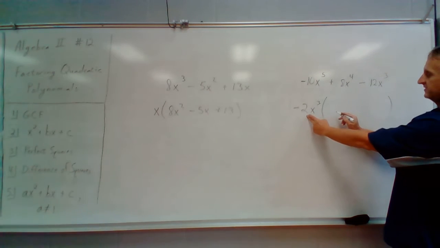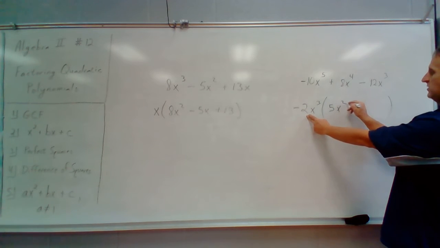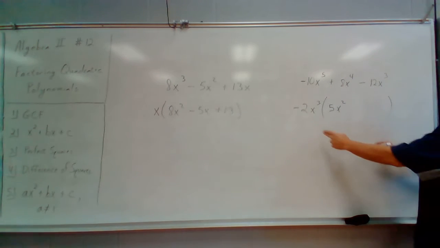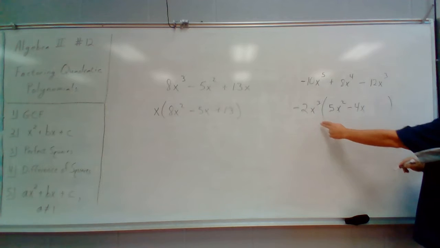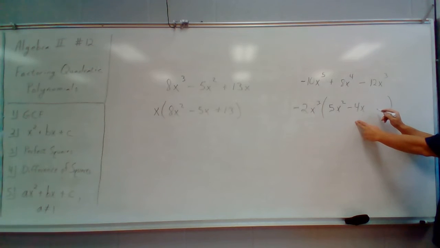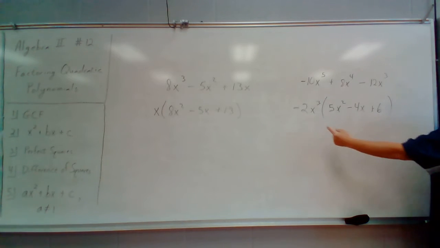So what do we have left then? This would be 5x squared, and that would be minus 4x, and this would be plus 6. Let's double check.